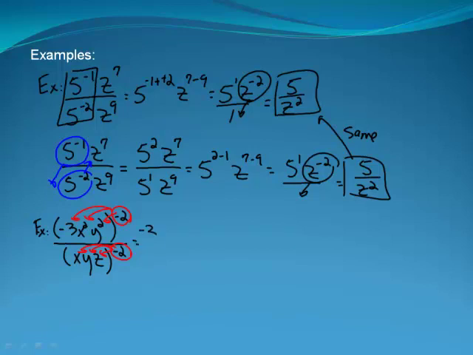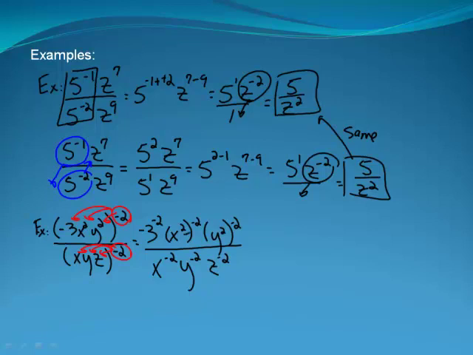So now you've got negative 3 raised to the negative 2 power times x squared raised to the negative 2 power times y squared raised to the negative 2 power, all divided by x to the negative 2 times y to the negative 2 times z to the negative 2.